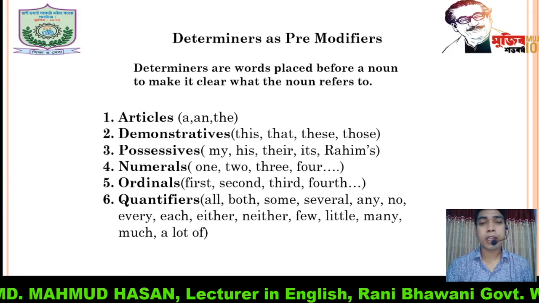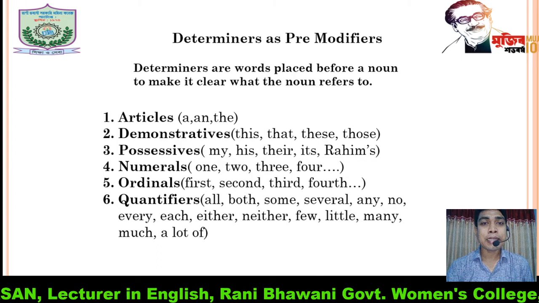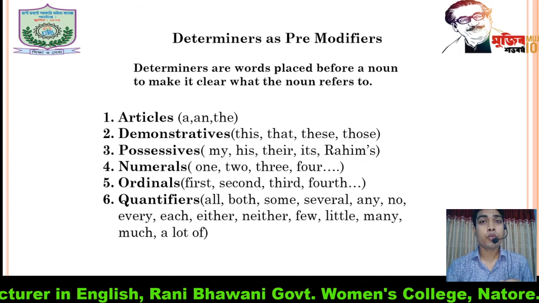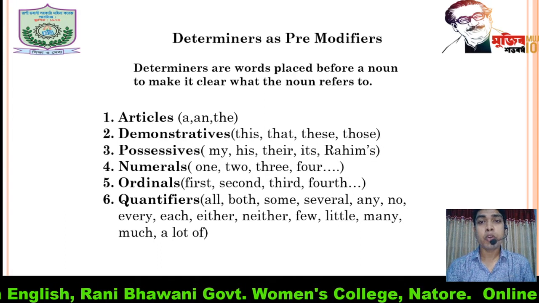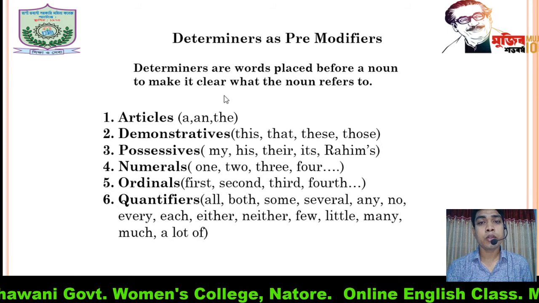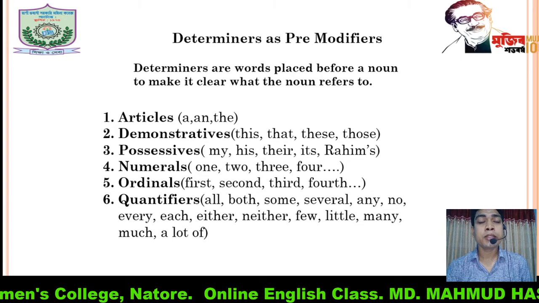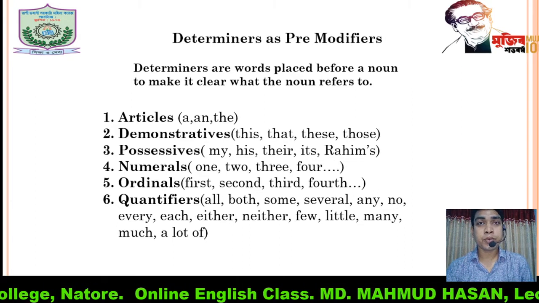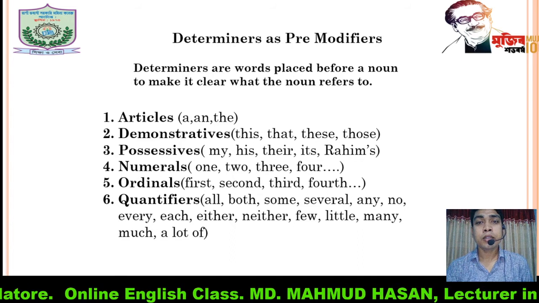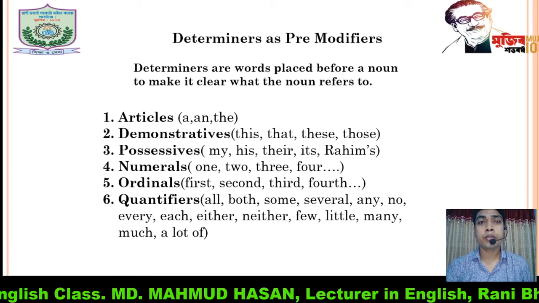Determiners as pre-modifiers. My dear students, determiners are words placed before a noun to make it clear what the noun refers to. So determiners are placed before a noun and it clarifies that particular noun.